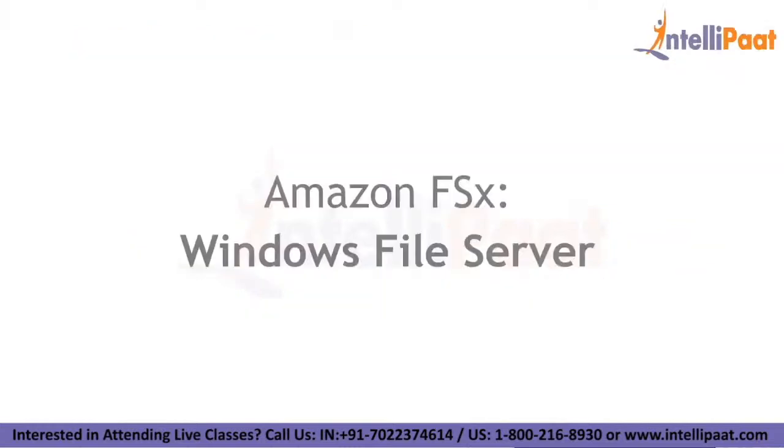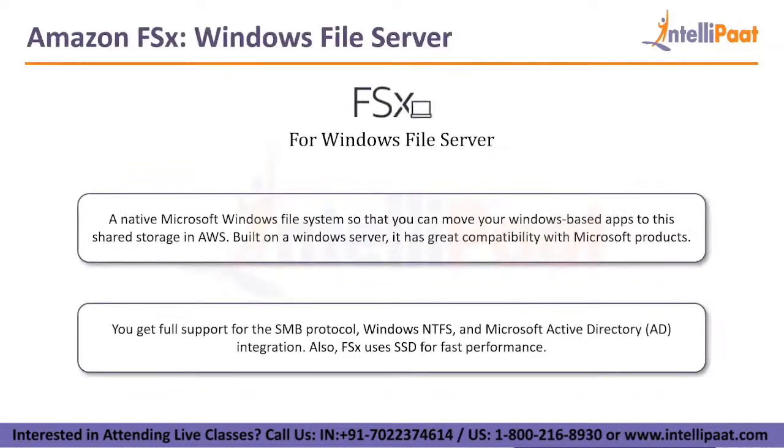Okay. So Amazon FSx for Windows File Server. FSx for Windows File Server is a native Microsoft Windows file system so that you can move your Windows-based applications to this shared storage. It will connect like a Windows file system in which you can store your applications, files, videos, audio, whatever file you want, and it is compatible with all the Microsoft products as well.